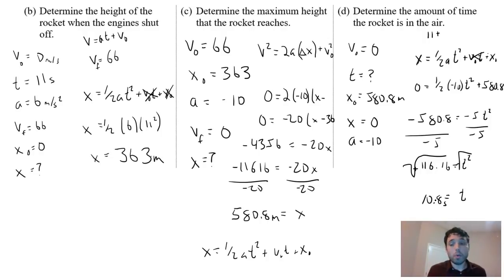That's not my answer though. Don't forget, I've got to add that to the time it took to go up. Let me think, 11 seconds. The rockets are flying for 11 seconds.